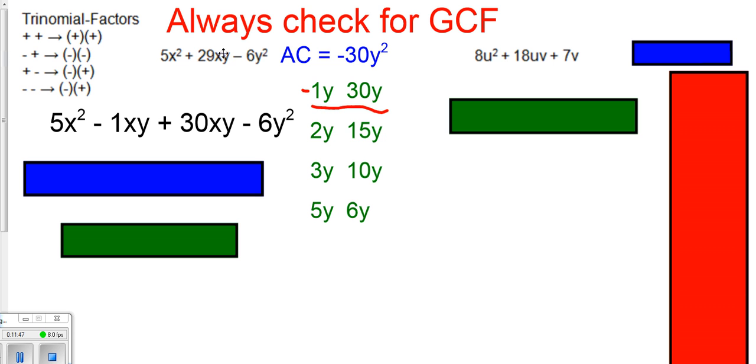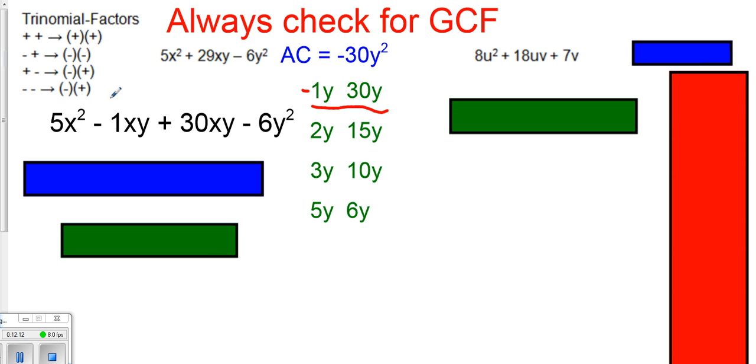This 29xy breaks into negative 1xy and positive 30xy. And it came from here and here. We just had to add the x with each of them. And this last piece, this minus 6y squared, stays the same. The first and the last piece will always stay the same. We're just breaking that middle piece up into two different things.